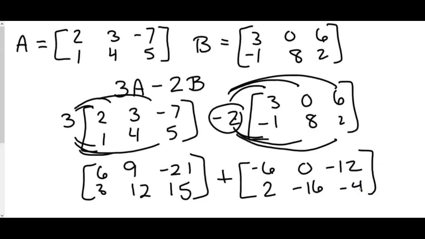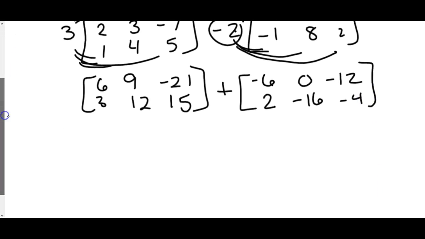So once you've done your scalar multiplication, now you can just do your matrix addition, which you learned in a previous lesson. So we go corresponding elements. 6 plus negative 6 is 0. 9 plus 0 is 9.